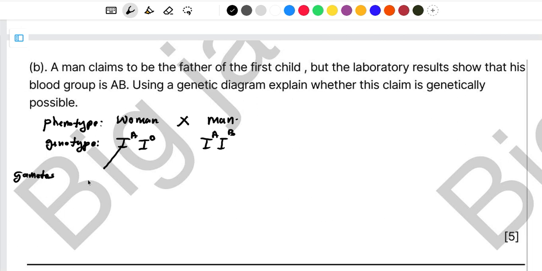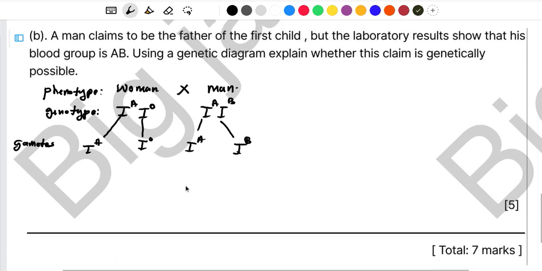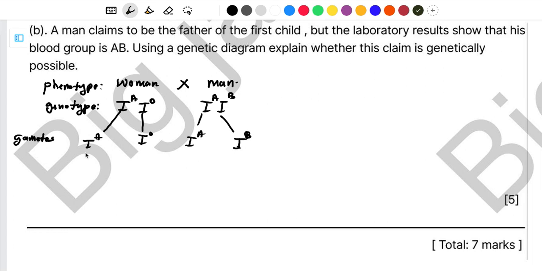Then splitting the gametes. So this one is going to be separated here, and this one here, and this one here, and this one here. Then we cross them. Let me start with the first allele on this side here. This one is going to be crossed with this one here, and then I'm going to have blood group A, homozygous dominant.